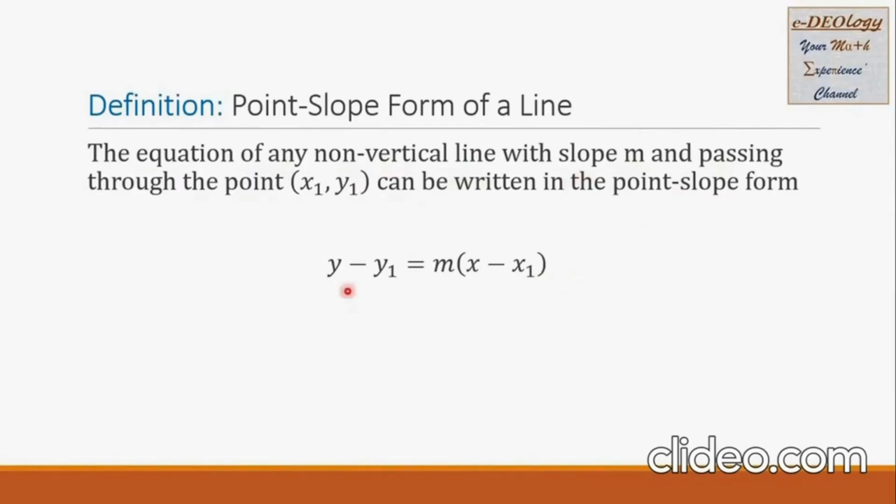This is the form: y minus y sub 1 equals m times the quantity x minus x sub 1. Take note, the m here is the slope, while the x sub 1 and the y sub 1 are the coordinates of the given point.